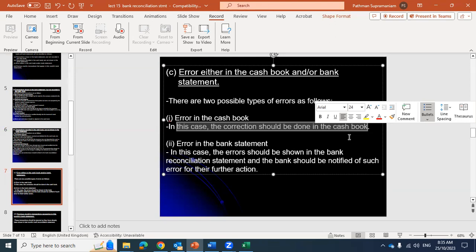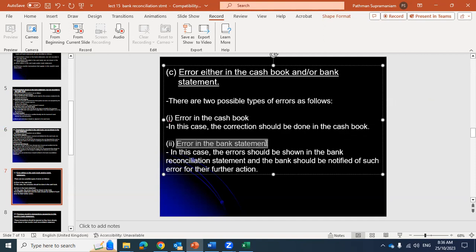In this case, the cash book has been under credited by 100. Since the 900 has already been recorded and we want to correct it to 1,000, we just need to add another 100 on the credit side of the cash book, as an example. Okay.